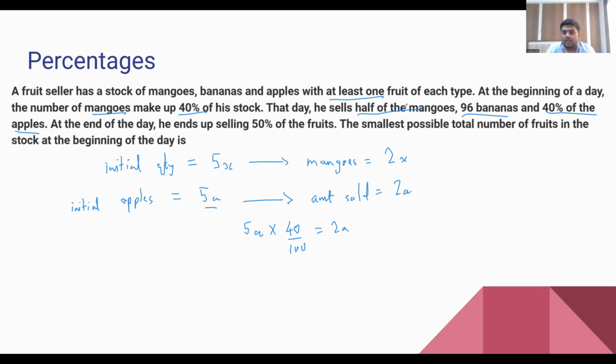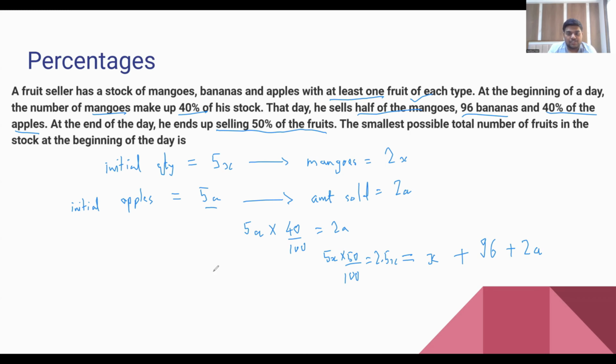So he sold half of the mangoes, which is x, plus 96 bananas and 40% of the apples, which is 2a. And this is equal to selling 50% of the fruits. So 5x into 50 by 100, which is equal to 2.5x, right?